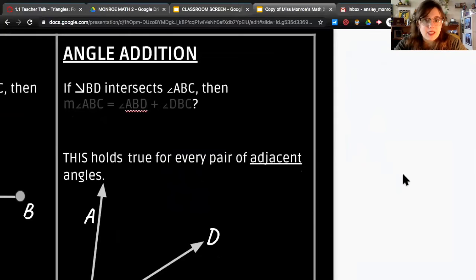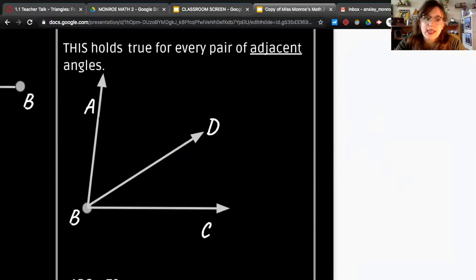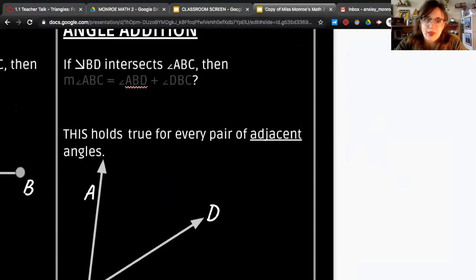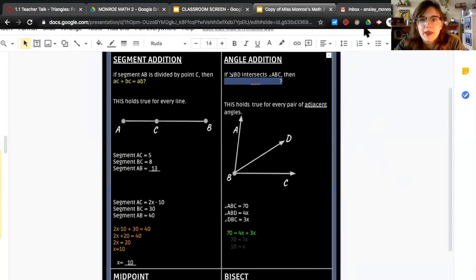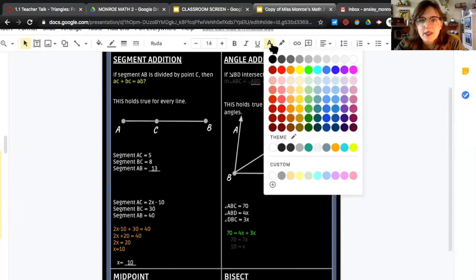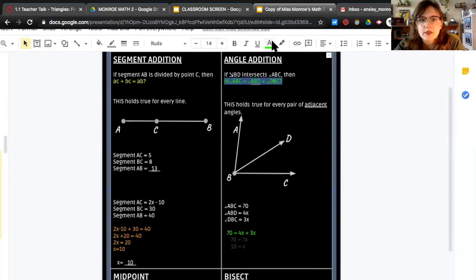Angle addition. Same thing as segment addition. So saying that I have angle ABD and DBC, adding those together because they share that ray is angle ABC. Ta-da! Very same thing we kind of talked about here. Let's make it blue, because the other one's green down below.